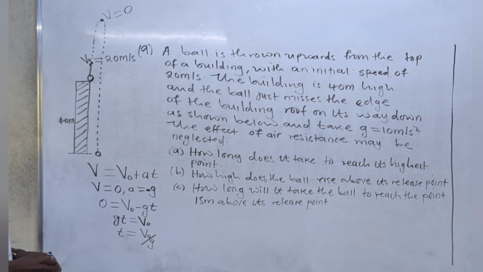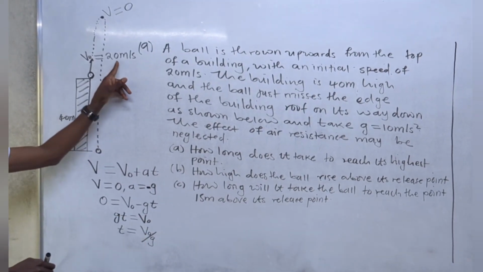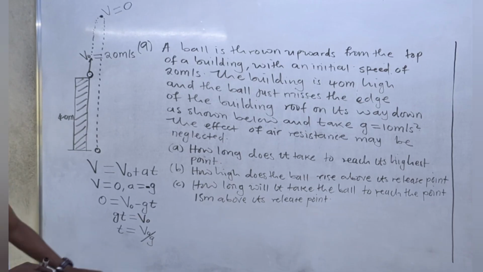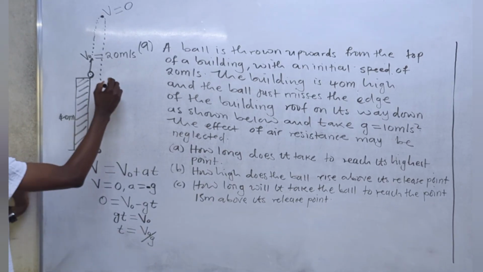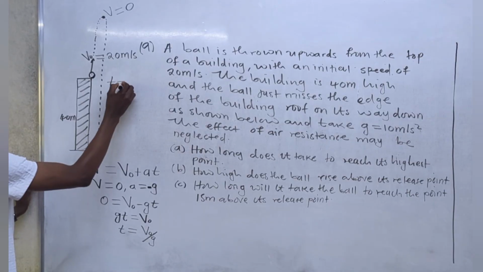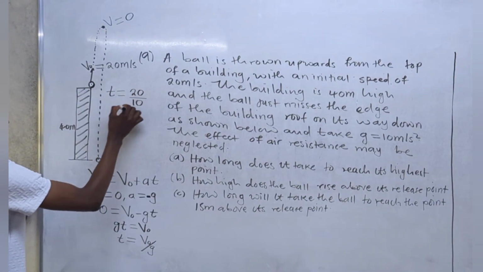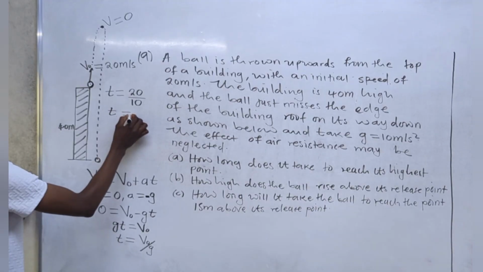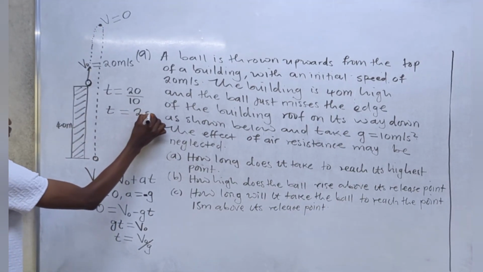Let's plug in the numbers that we have. Initial velocity is equal to 20. Then g has to be equal to 10. So t is equal to 20 over 10. And our time to move from this point to the maximum point is 2 seconds.